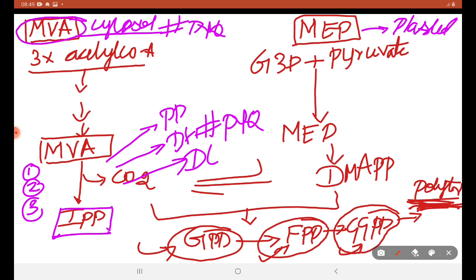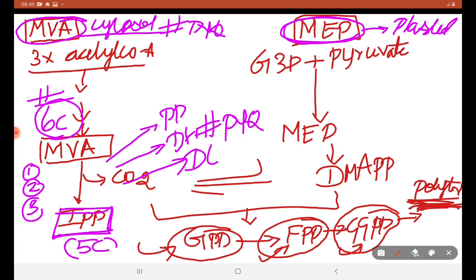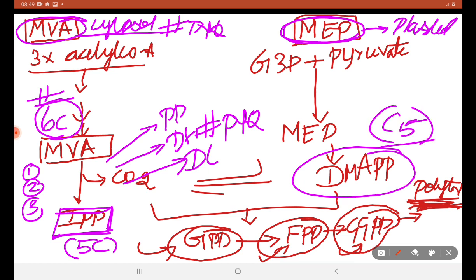The source, mevalonic acid pathway and methyl erythritol pathway, is a previous year question. Mevalonic acid is a 6-carbon compound, previous year question. Isopentenyl pyrophosphate is a 5-carbon compound, previous year question. Dimethylallyl pyrophosphate, a 5-carbon compound, is a previous year question. So this is very important. Hope this is understood.